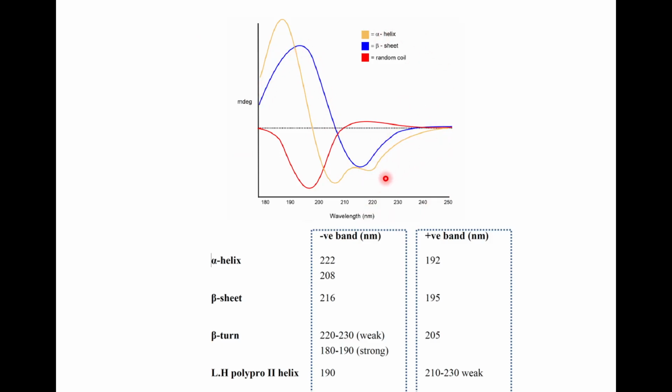For alpha helix, it has a characteristic different pattern, and for random coil, you have only a negative band, though a positive band is present for a random coil. For alpha helix, it is given as 222 and 208 for the negative bands, and 192 for the positive band.